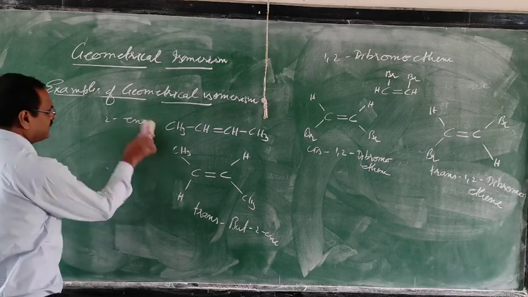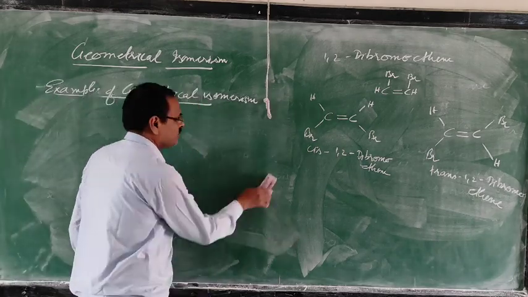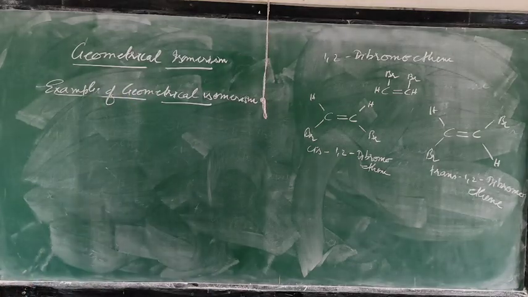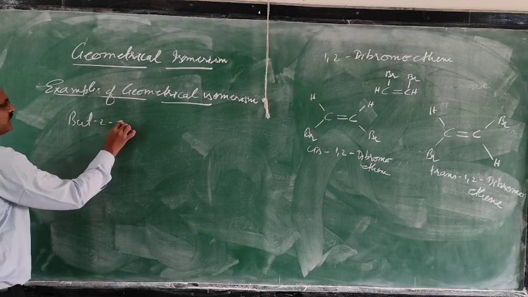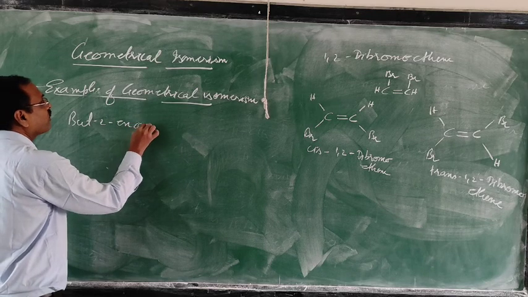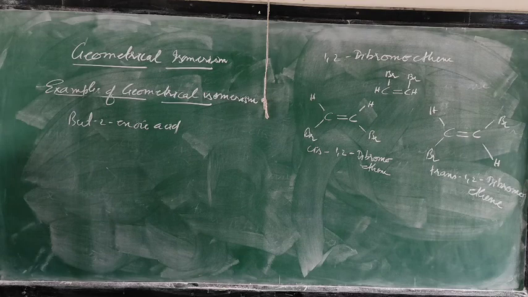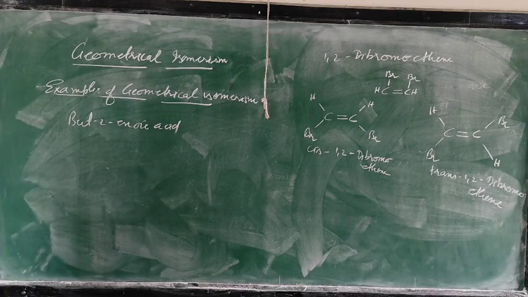But-2-enoic acid. Nothing is given, it means that the carboxylic group will be present on the first carbon.